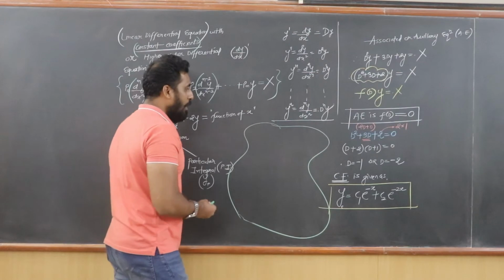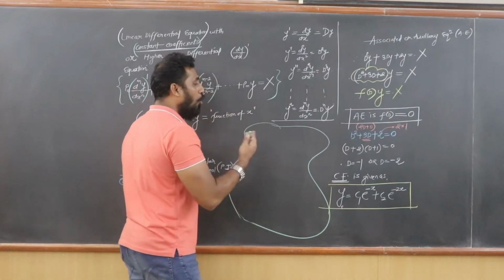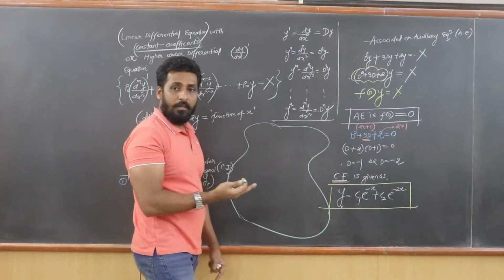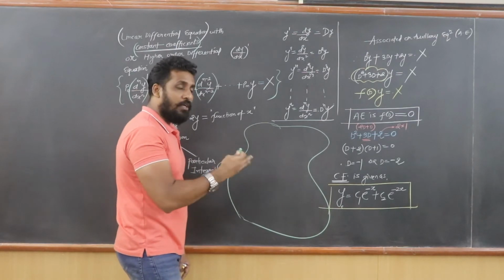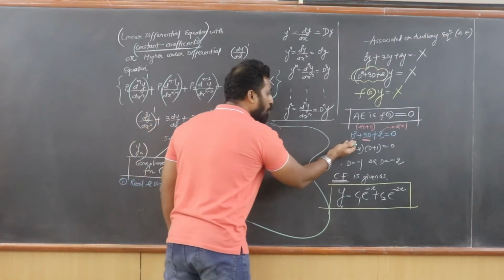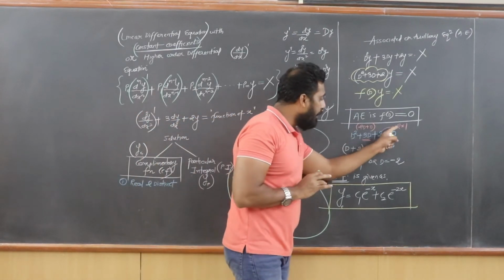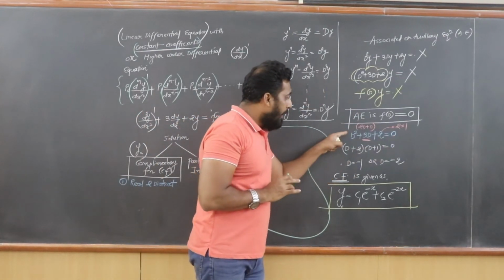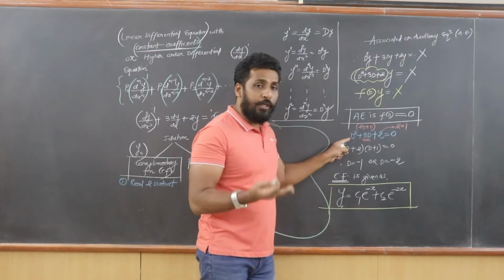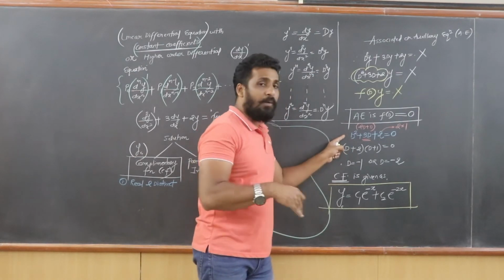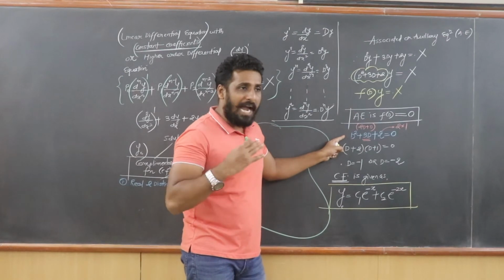So let us say I have a differential equation whose order is n. Here it was 2. Since the order is 2, or I can say since the quadratic equation is obtained, I got 2 roots. If I get a cubic equation, I will get 3 roots. If I get a quartic, that means power 4 equation, I will get 4 roots, and so on.